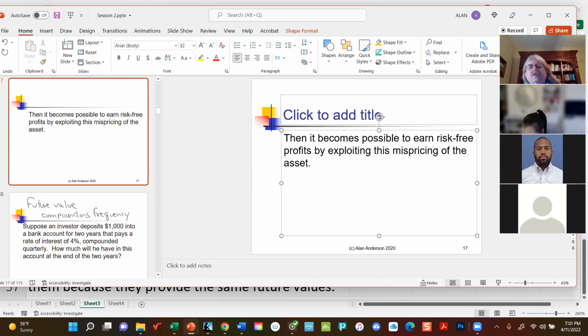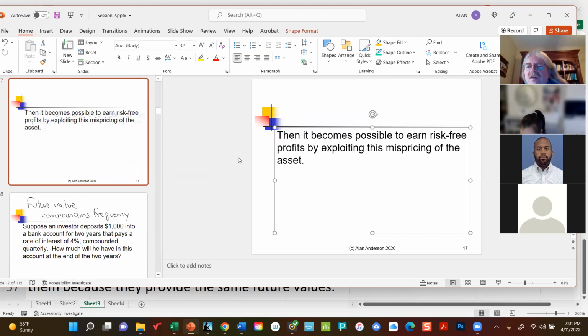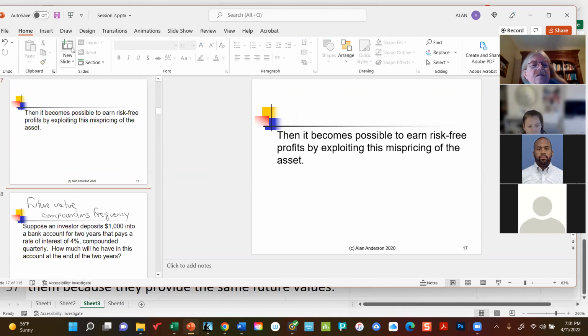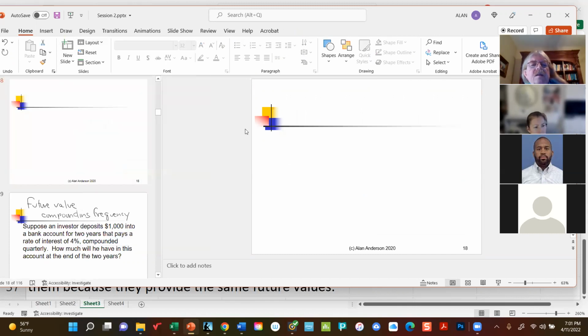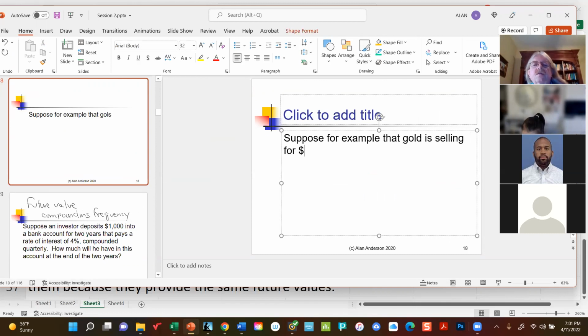So let me just quickly show you an example of this in practice, a very simple one. We'll get to the more complicated ones later on. Let's just say that gold is selling for 1,500 per ounce in the US and 800 pounds per ounce in the UK.